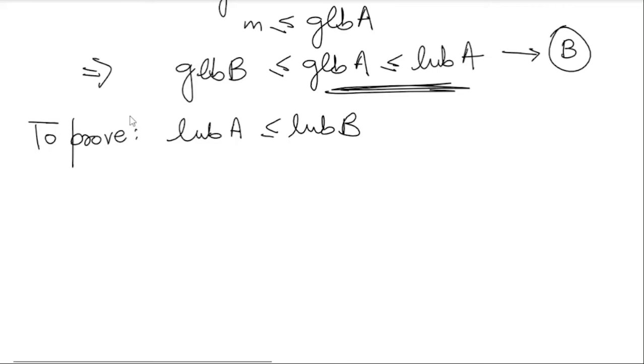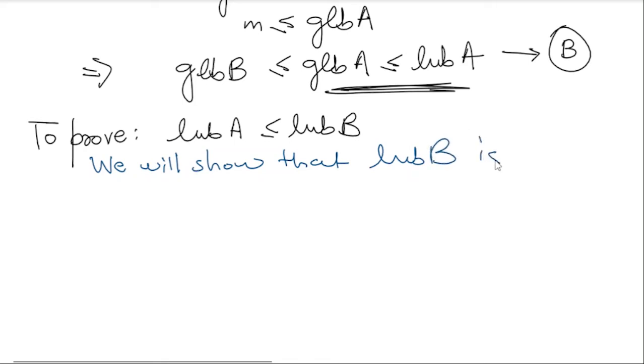So in order to show that, I will try to show that the least upper bound of the set B, LUB of B, is an upper bound of A. So this I will try to show in order to prove this one.